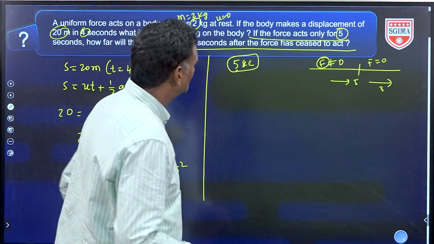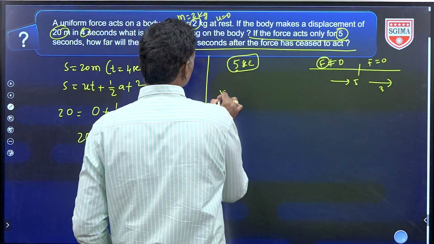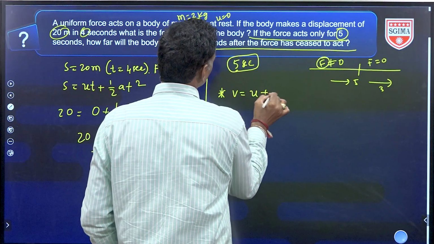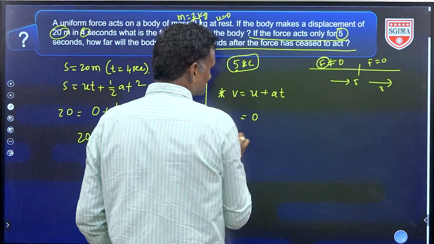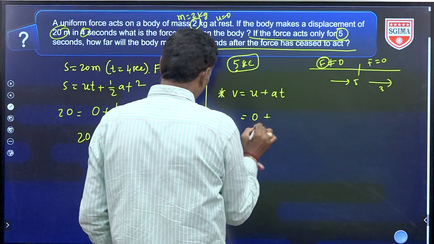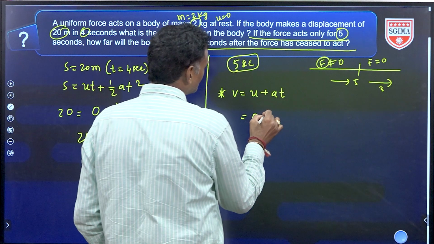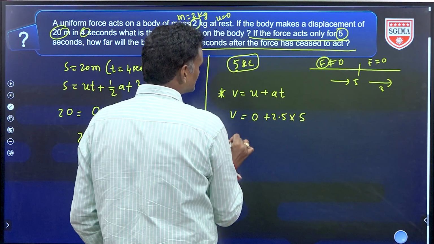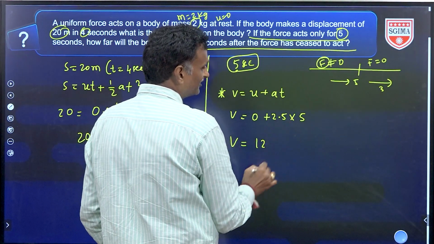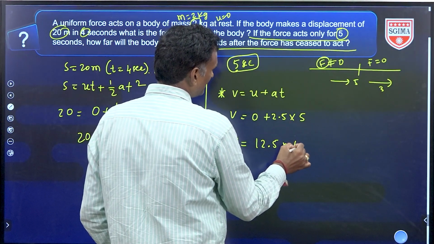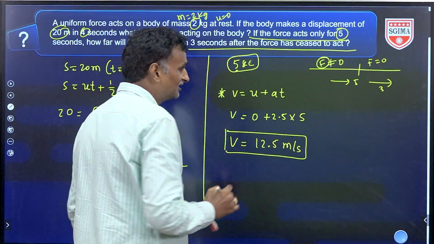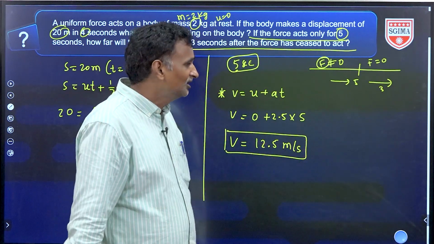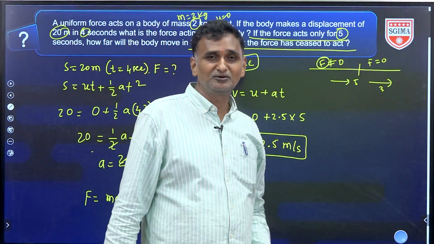Okay na? So from this concept we can take, first of all, v equals to u plus at, initial velocity 0, okay na, plus acceleration we got 2.5 into time 5, okay, this is v. So we got 12.5 meter per second, the velocity at the end of the 5th second where the force is going to stop. After the force stops acting, it moves with constant speed.